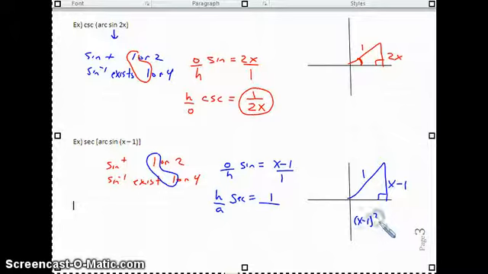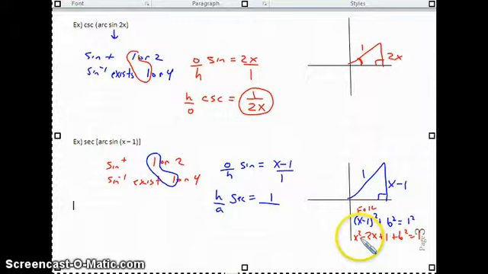x minus 1 squared plus b squared equals 1 squared. And to actually use the Pythagorean theorem here, I'm going to have to FOIL this. So that'd be x squared minus 1x minus another 1x would be minus 2x plus 1. And now what I want to do is move everything over to one side of the problem so that I can solve for b.